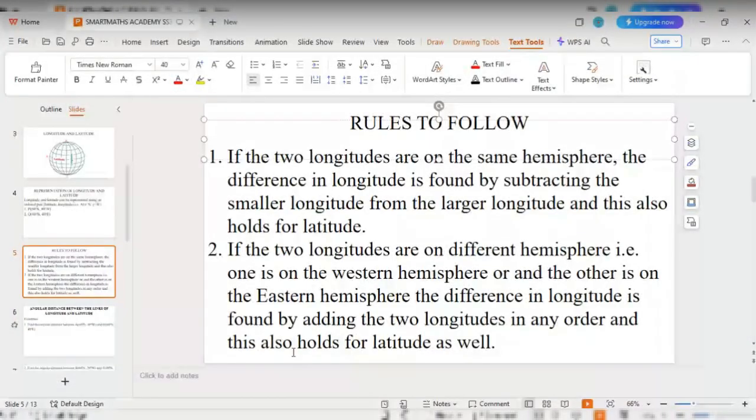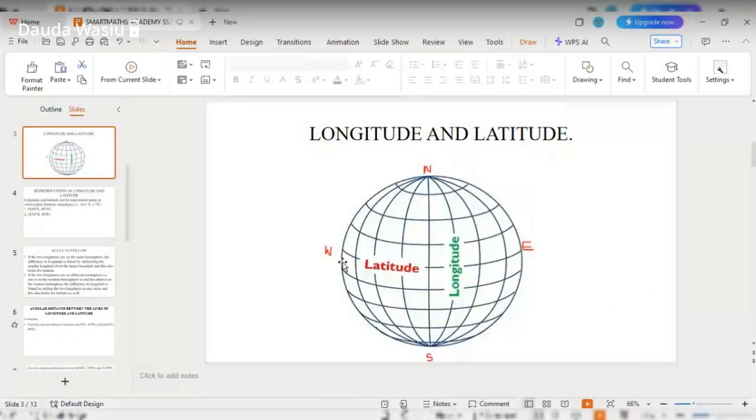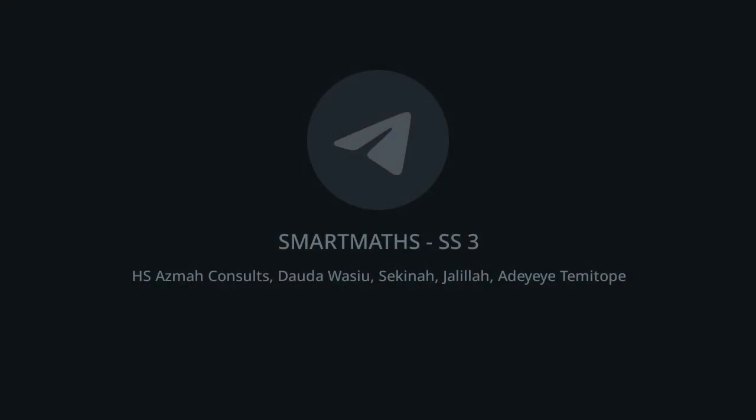And this also holds for latitude, if your latitudes fall on different sides of the equator. The equator is the line that divides the circle into two equal halves horizontally, like this straight line. If you have two latitudes that fall on different sides of the equator, we add as well, just like on the longitude.